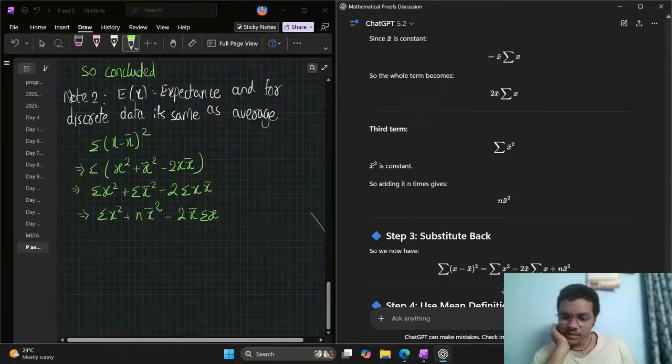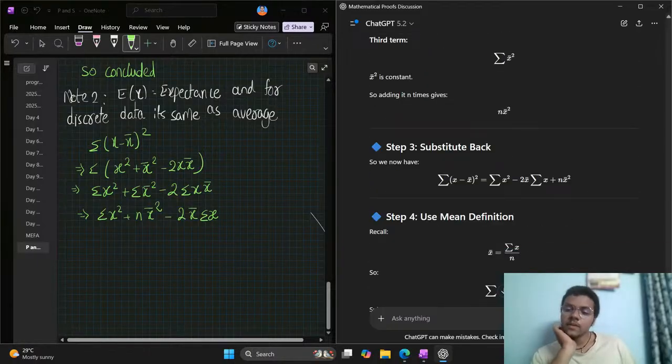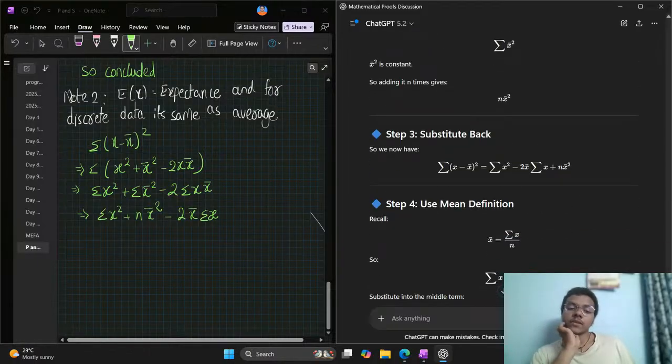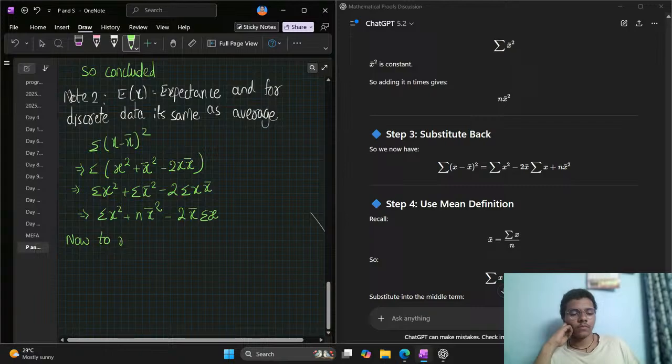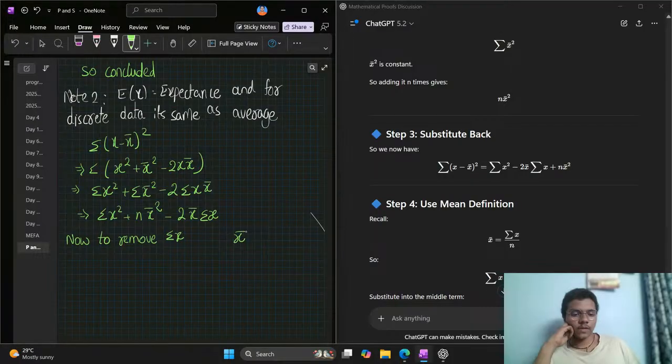Why am I confused? Using the mean definition. Okay, for sigma x you need to use the mean definition. So x bar is equal to sigma x by n, and now sigma x will be n x bar.